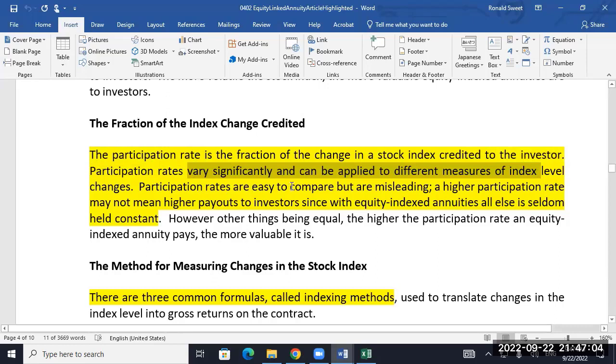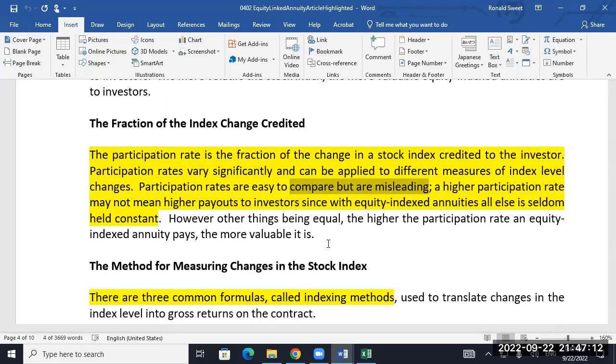Participation rates are easy to compare, but they're not comparable. So if you're a marketer, you want to say we have a 100% participation rate, because that sounds good, but a 100% participation rate might be worse than another that might be 70% just because of the way it's calculated.